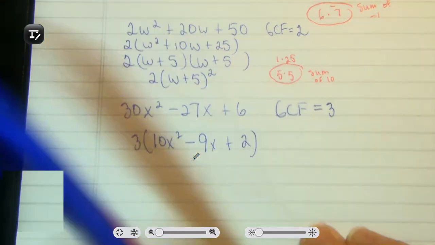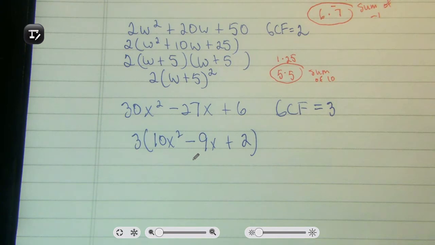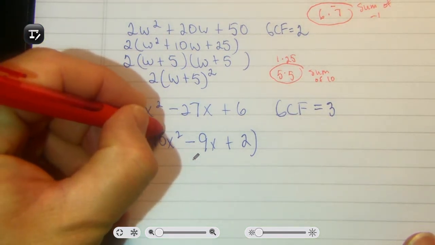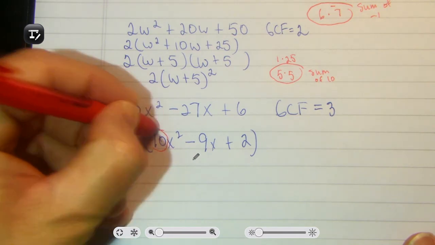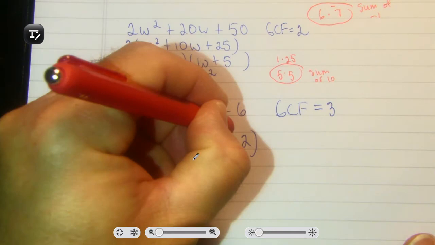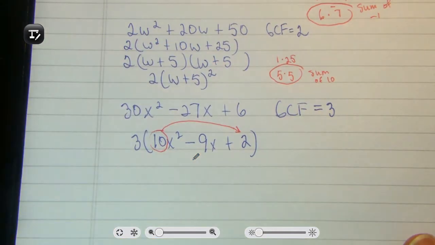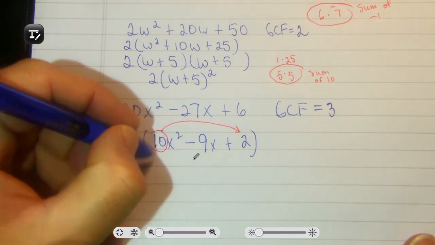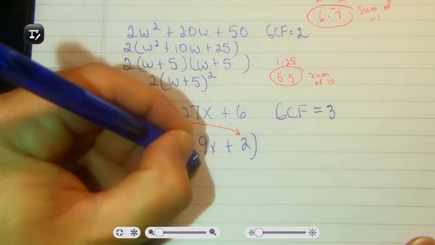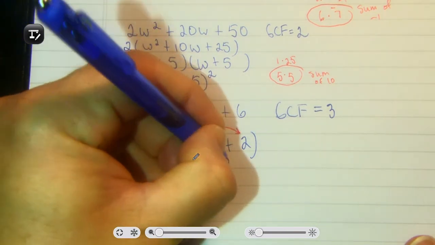And if you remember, even after you factor out that greatest common factor, I've got that pesky coefficient of 10 on x squared. So that's a slide and divide, or whatever you want to call it, slip and slide. So I'm going to rewrite it as 3 times (x squared minus 9x plus 20).